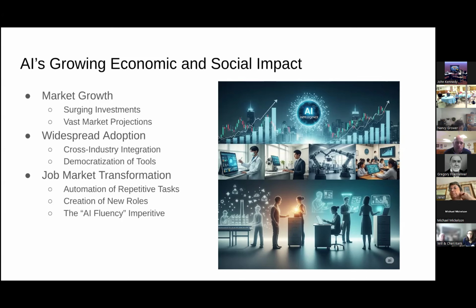So, job market transformation. This is a big one for those still in the working part of their careers. One of the big things happening right now, even in my personal experience, is automation of repetitive tasks. AI is increasingly taking over routine, predictable, and data-intensive tasks across various industries.